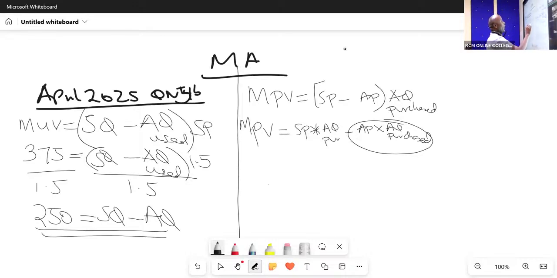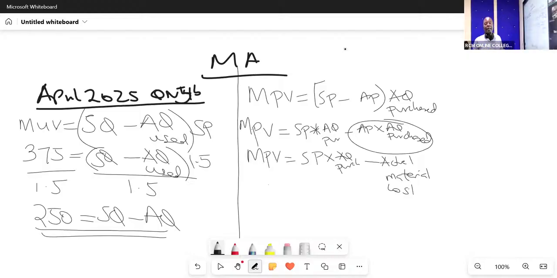I can say MPV equals SP times AQ purchased, minus actual material cost, like that.